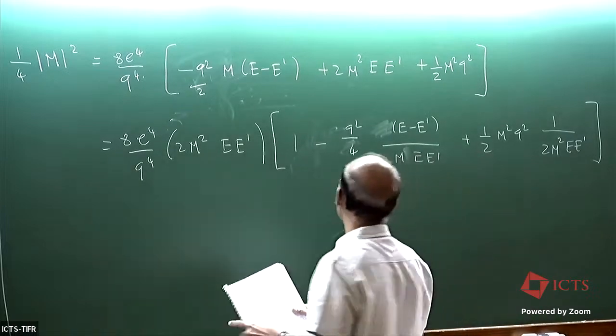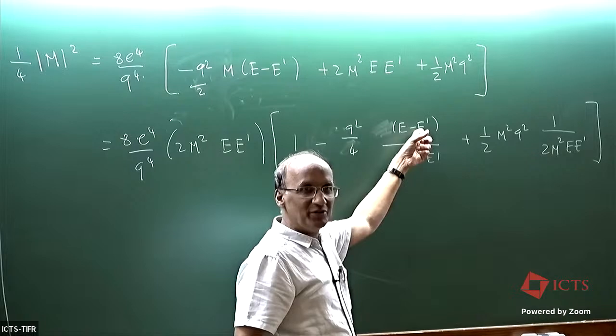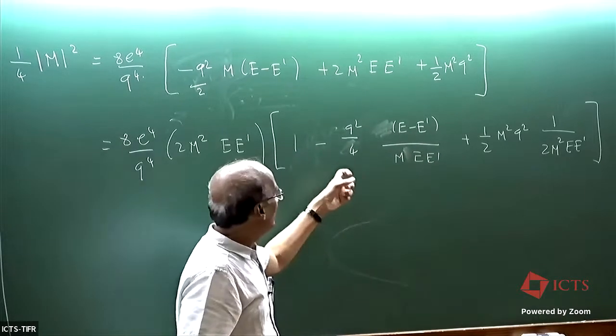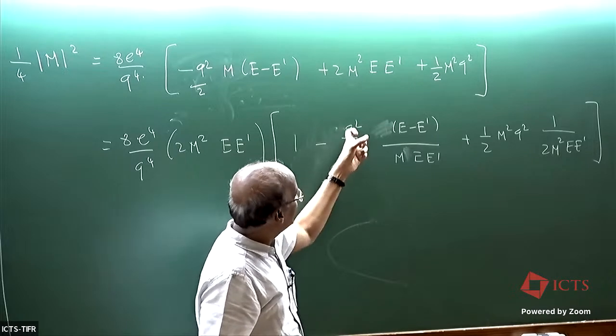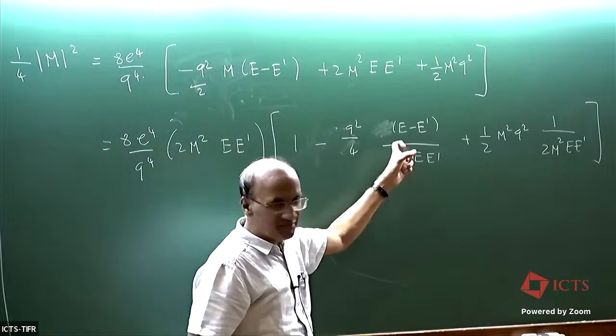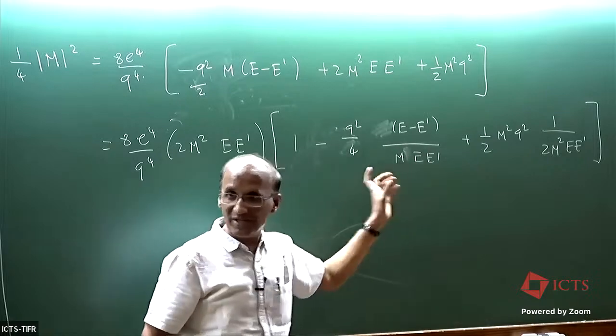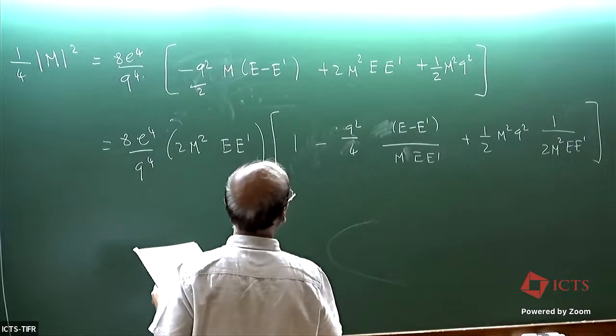So this is simply sine square theta L by 2, this part, because q square contains sine square theta L by 2, and then everything cancels. So it's 1 minus sine square, it becomes cos square. All I did is this simplification.